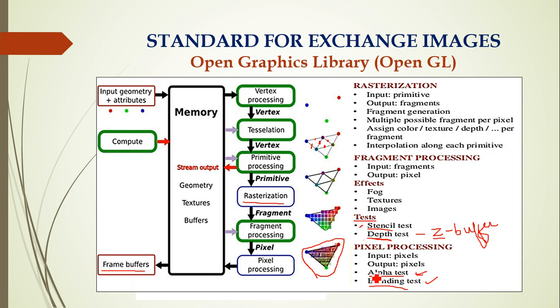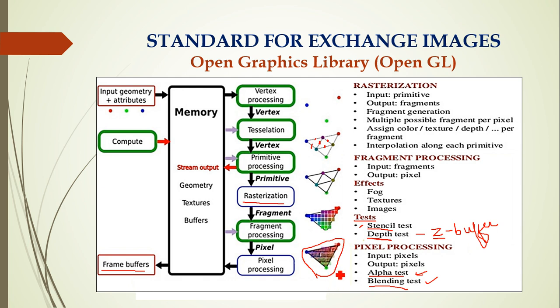A proper check is made whether our pixel processing, or the fragment processing, is within the prescribed limit, or the reference limit. So that is the purpose of these two tests.